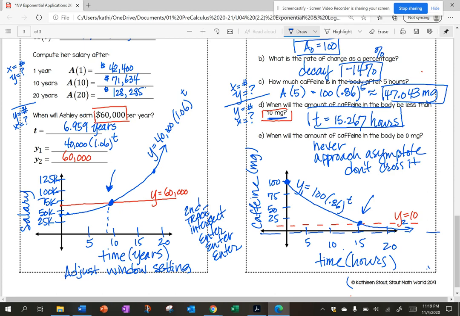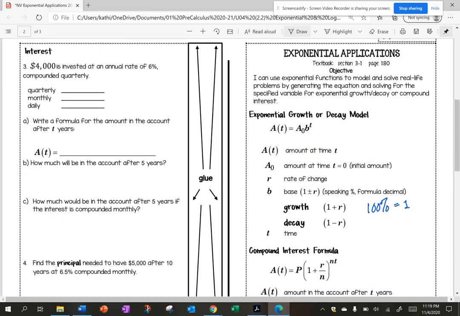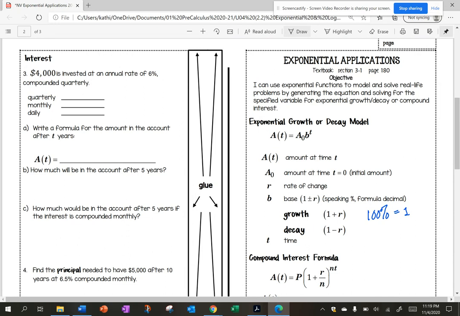All right, let's do a financial one. Here's the interest. Say $4,000 is invested at an annual rate of 6%, compounded quarterly. So let's talk about compounding. Quarterly means my n value is 4, so I'm compounding 4 times a year.